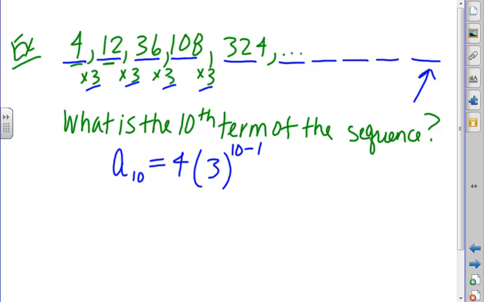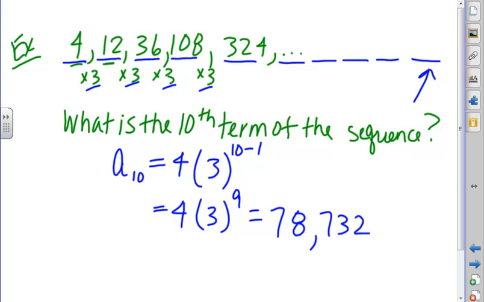So that would be 10 minus 1. So the 10th position is going to have 4 times 3 to the 9th power. And you can go ahead and put that in your calc and you should get a number, 78,732.